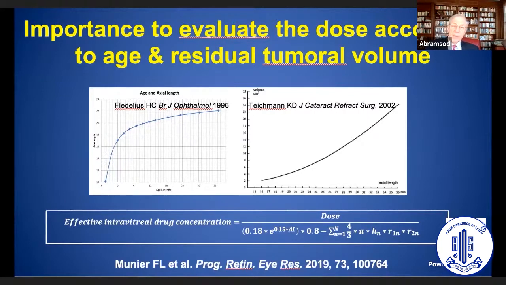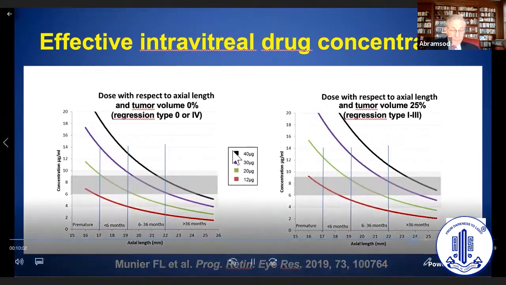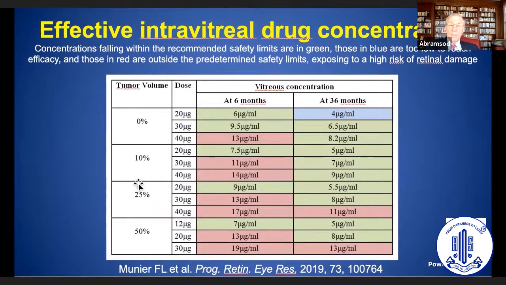This is the formula. And so we end up with this abacus showing the ideal dose you want to reach in the vitreous, more than 6 but lower than 10 microgram. And we have also the advice regarding the dose to use, depending on the tumor volume and the age.